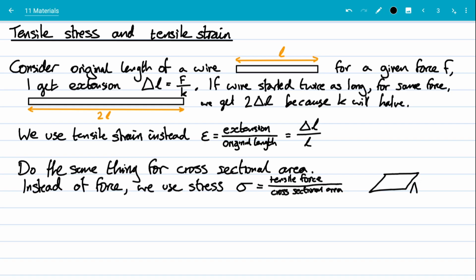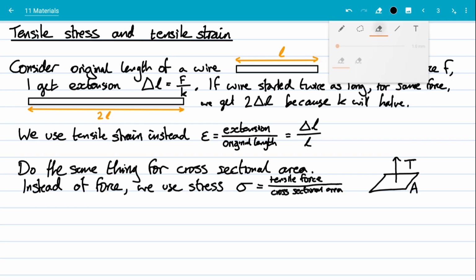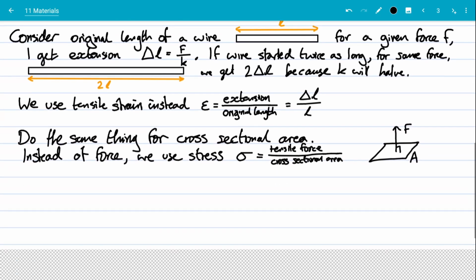So let's just label that A and then label that T, because that might help remind us in our notes, where T is the tensile force. Or perhaps I should name that F instead of T. Tensile force and tension, by the way, are synonyms. They mean the same thing. F. There we go. So that has to be 90 degrees to that surface.